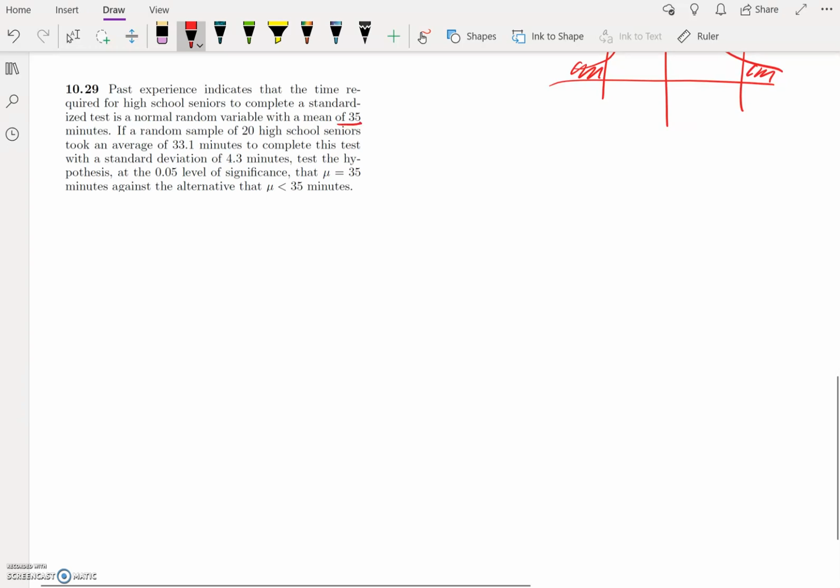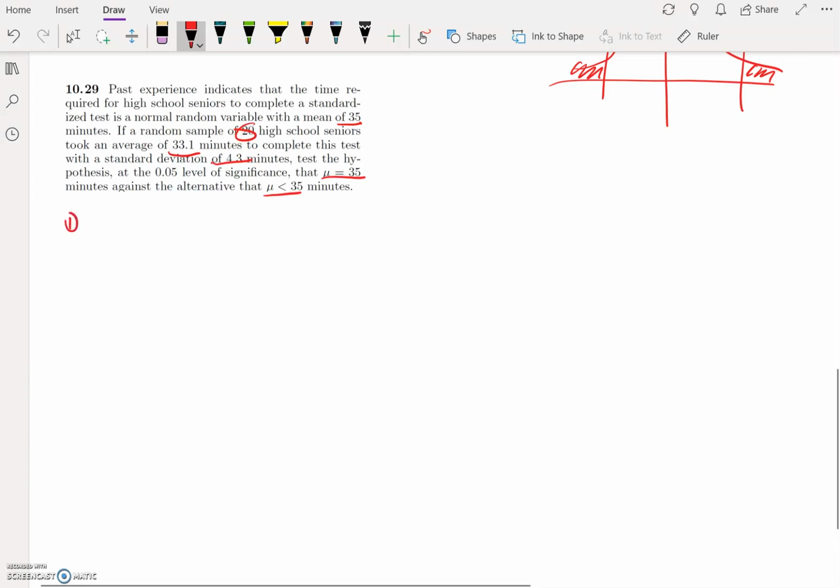If a random sample of 20 high school seniors took an average of 33.1 minutes to complete this test with a standard deviation of 4.3, test the hypothesis at the 0.05 level of significance that mu equals 35 minutes against the alternative that mu is less than 35.